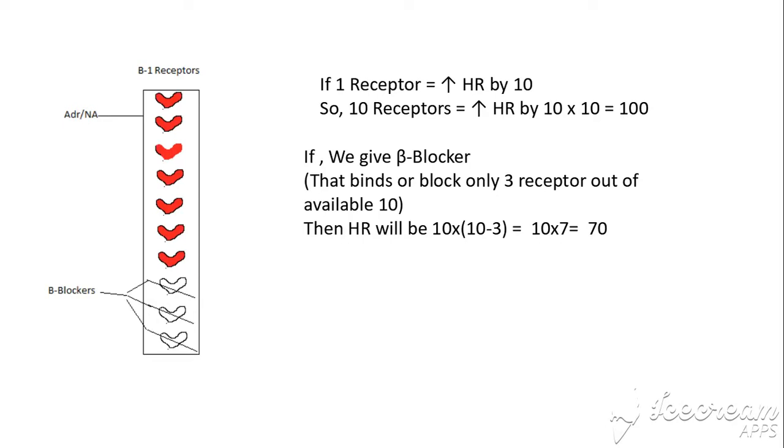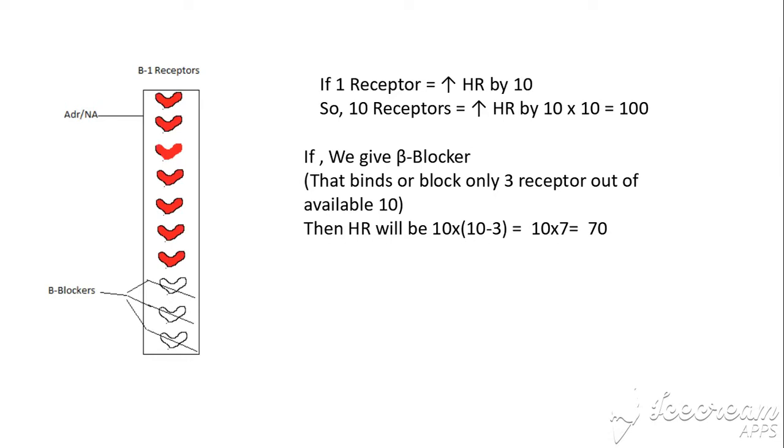Let's say there are 10 beta 1 receptors, and each receptor increases the heart rate by 10. So 10 receptors will increase the heart rate by 10 multiplied by 10, which is equal to 100. If we give a beta blocker which binds to 2 or 3 receptors, the available receptors are 7.